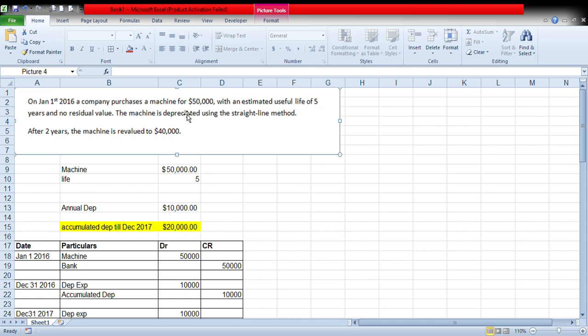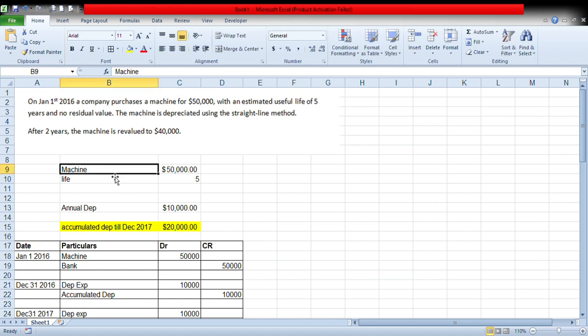So here's an example. On January 1st, 2016, a company purchases a machine for $50,000, estimated life 5 years, no salvage value, under straight line. After 2 years, the machine is revalued. First of all, we need to calculate the depreciation. Machine debit, bank credit, and the 2 years depreciation is 20,000.